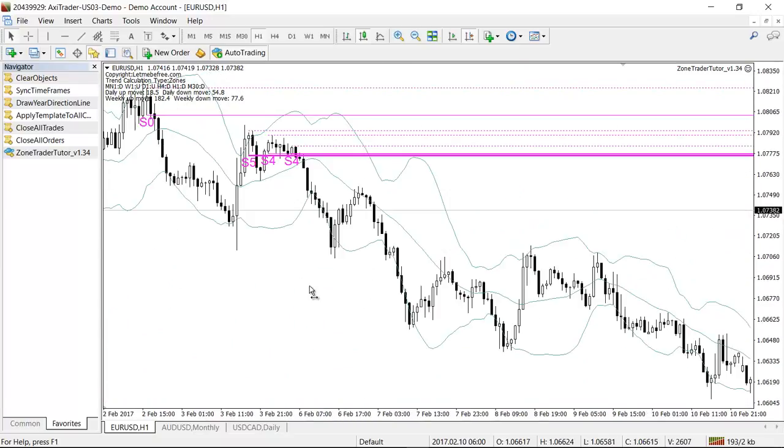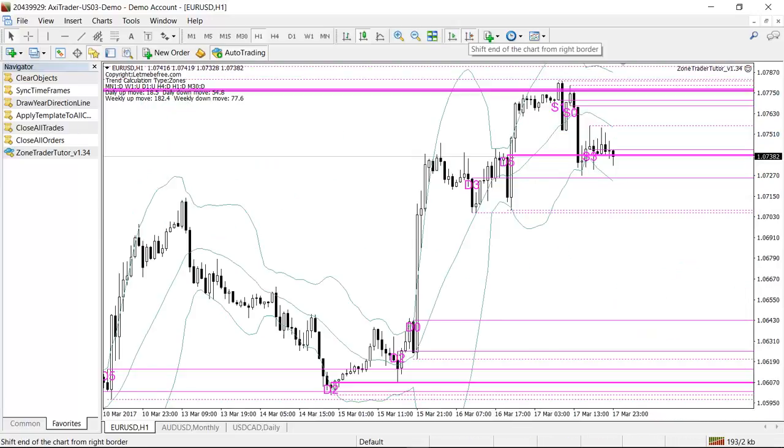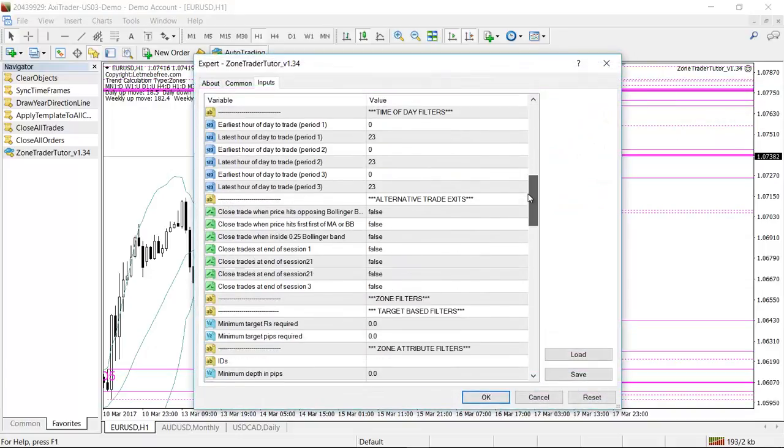Just scroll back, and here you can see it actually just touched outside the band, which is why they're still enabled. See this one, the candle before went outside. This one, when the zone was actually created, was inside the band, which is why it's disabled. So it's another example of something we can do using the parameters on the Expert Advisor.